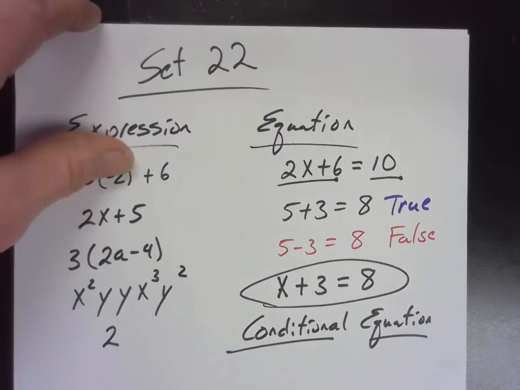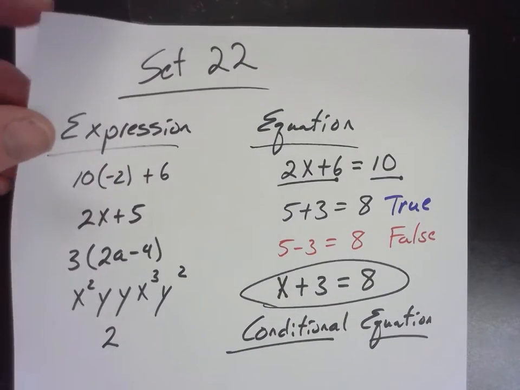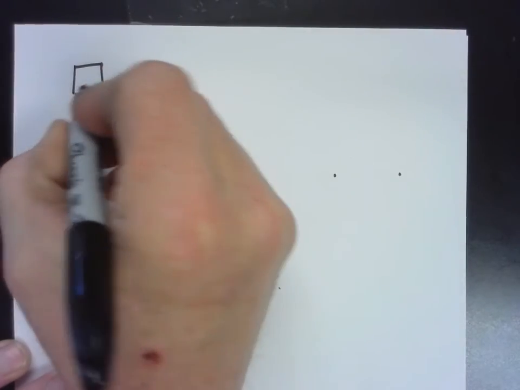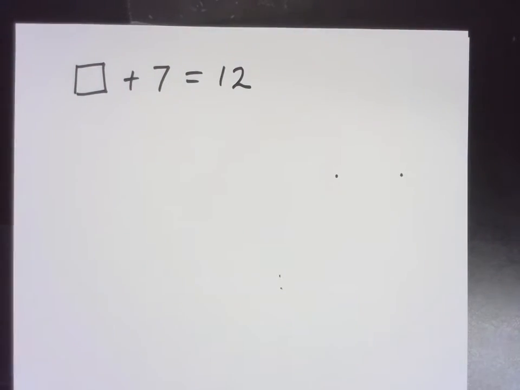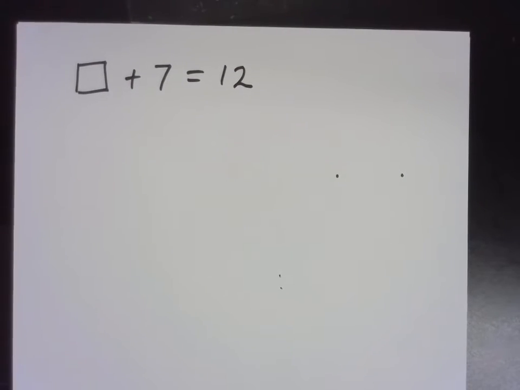Now, you've been doing these for a long time. Remember elementary? Right? This is a conditional equation. I believe you wrote something inside the box. Right? What did you put inside the box? 5. A 5.